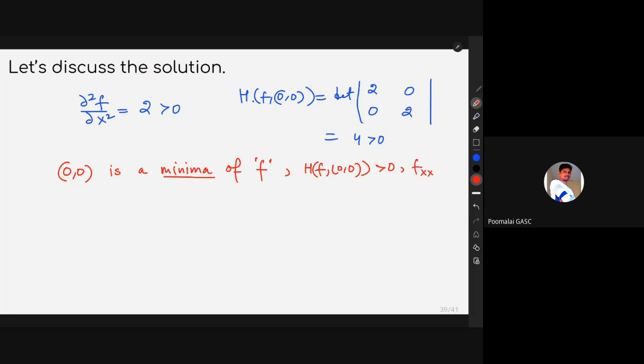And the double derivative is positive, which implies that it is a maxima, sorry, a minima.